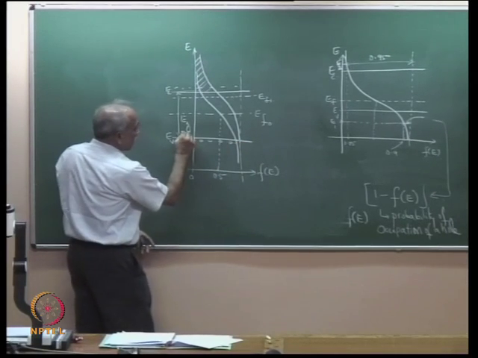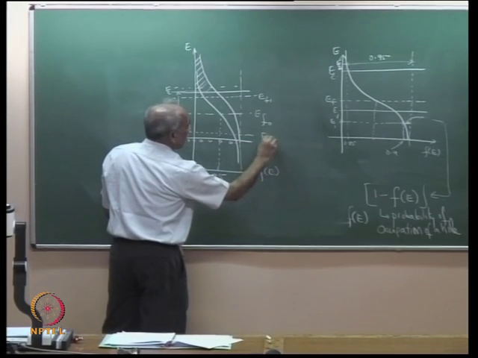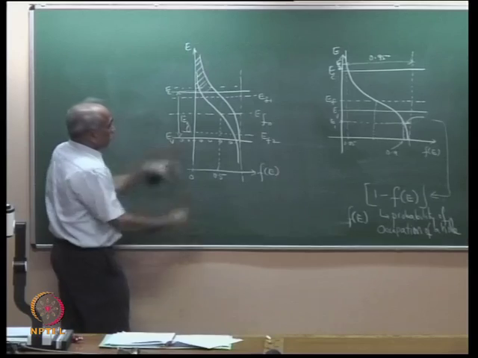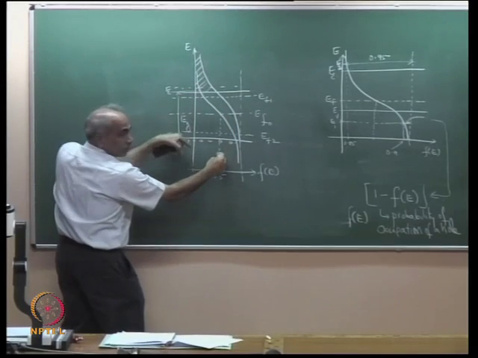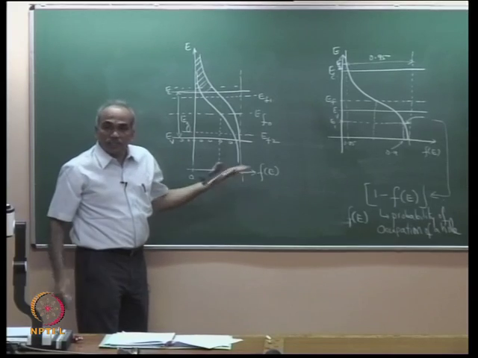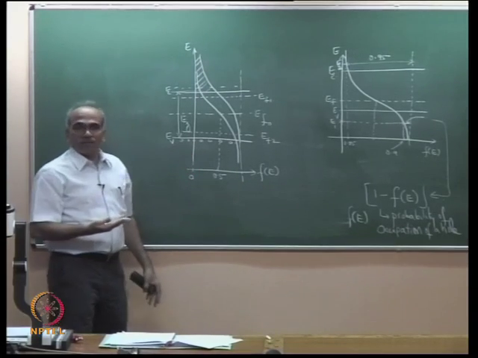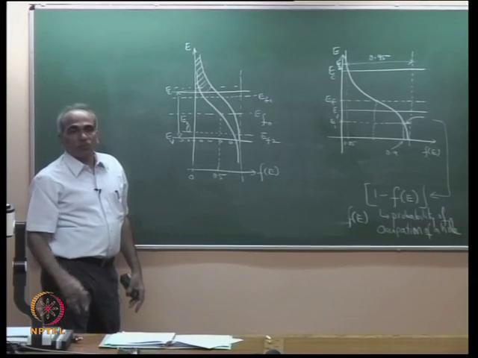On the other hand, if the Fermi function were to be here, let's say E is equal to EF2, that means this curve would shift down, because there is nothing else in the Fermi function other than EF. It is simply 1 divided by e to the power E minus EF by KT plus 1.